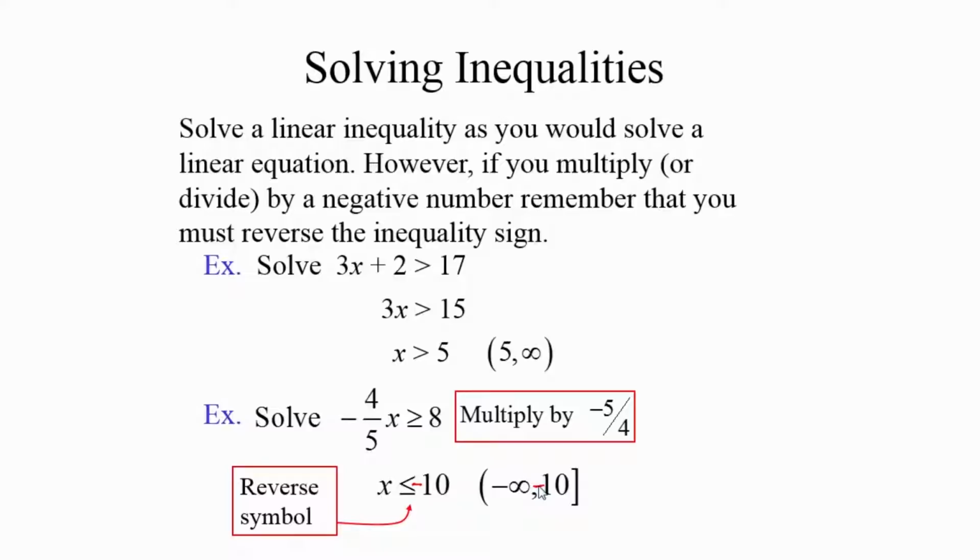So minus 4/5 times 0 is what? It is 0. Is 0 greater than or equal to 8? Nope, it's not. So this has to be minus 10. So what is on your slide is not correct. Change that number. Good thing we saw that.